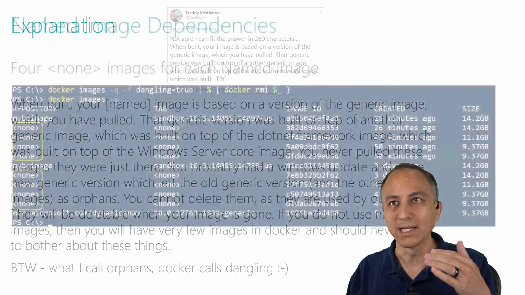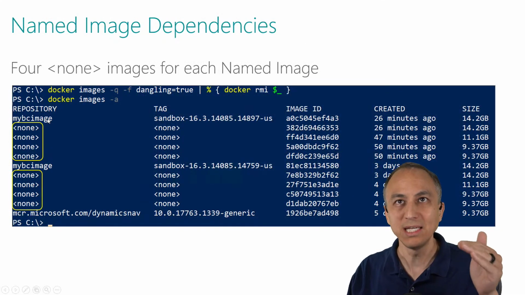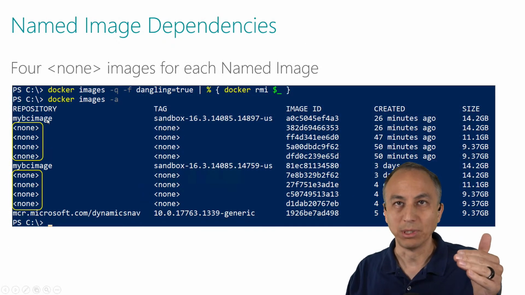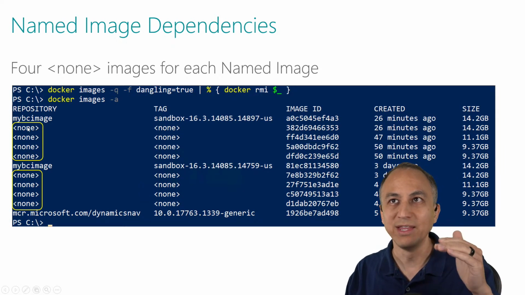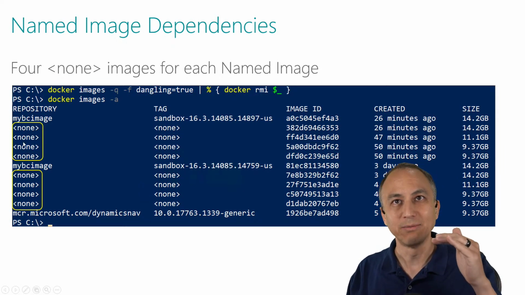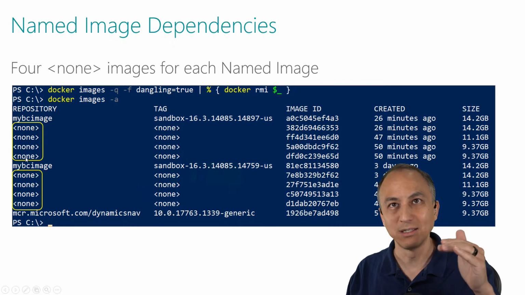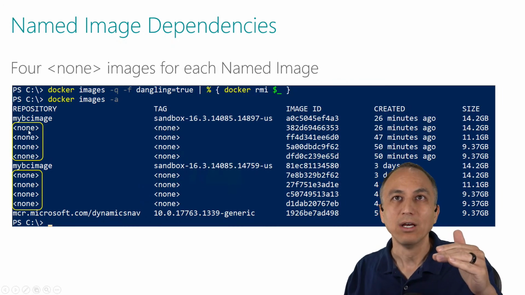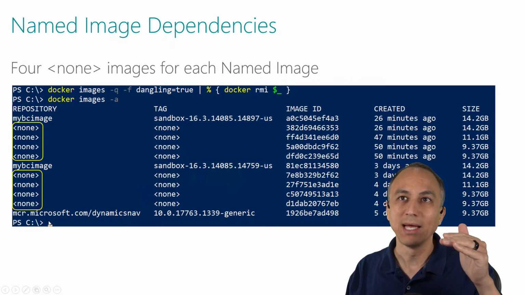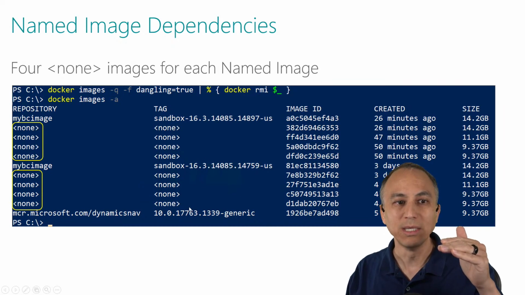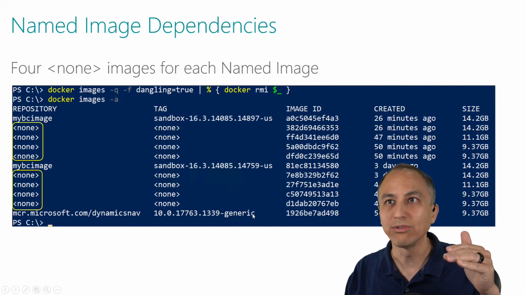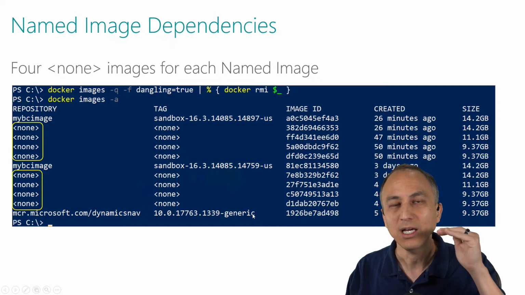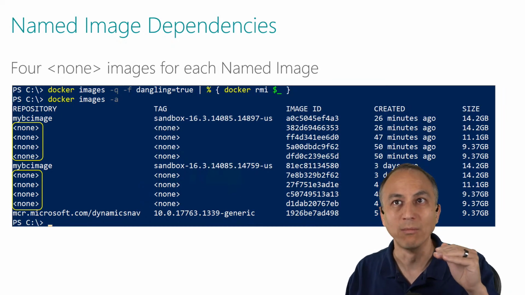So going back here, my BC image, let's just pretend, has a dependency of this image, which then has a dependency of this image, which then has a dependency of this one. And that ultimately depends upon this image down here, this 1339 generic, which is the base generic OS image that I'm working with for my particular version of Windows.